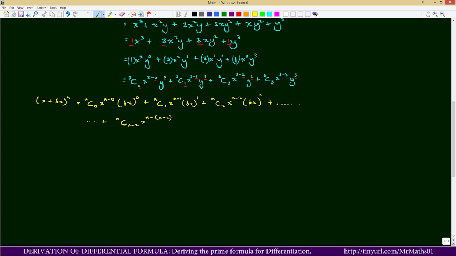So I'm going to delete them and put that as 2, and delta y to the power of n minus 2. And the second last term, which is nC(n-1), x to the power of n minus 1, is basically equal to 1.